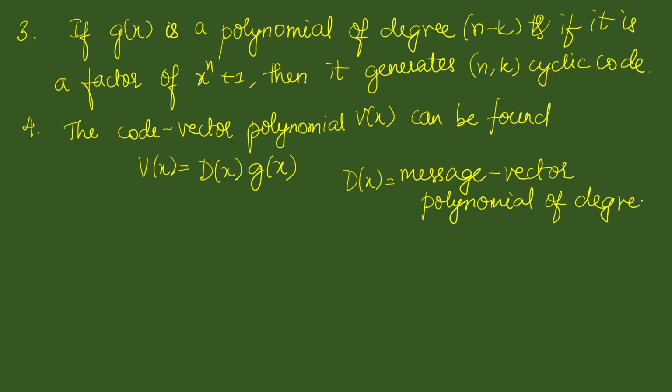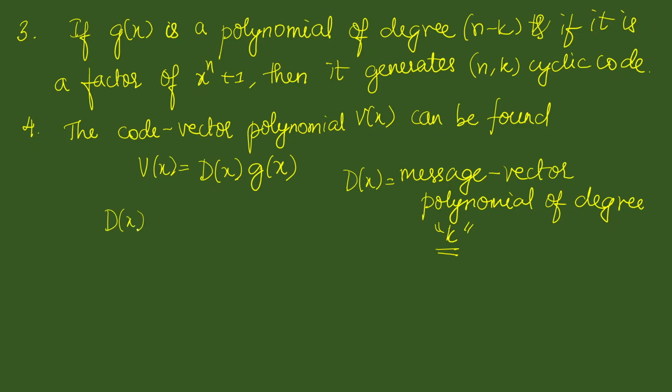So the message vector polynomial will be of degree k, which means it is known that in an n comma k cyclic code, or n comma k linear block code, k bits of information will be converted into n bits of code word. Likewise, d will be the data polynomial of degree k, which when multiplied with the generator polynomial of degree n minus k will give us a code word of degree n.